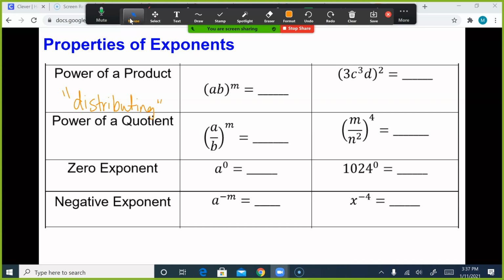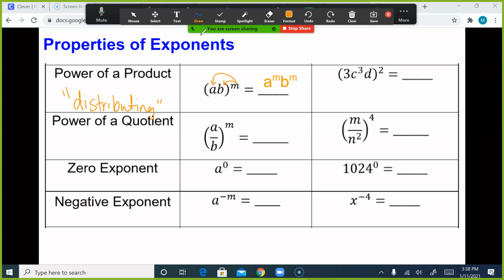So here, if I have an exponent on the outside of a group, then I apply it to everything inside the group. So I apply it to the A and the B. This is why it's kind of like distributing. But distributing is multiplying into an adding or subtracting group. Here, we're raising a group to a power. But again, it kind of works the same way.